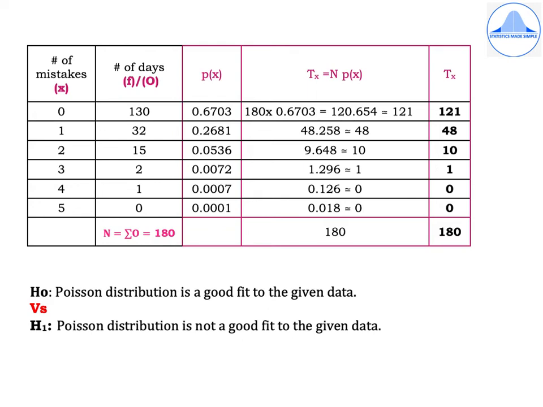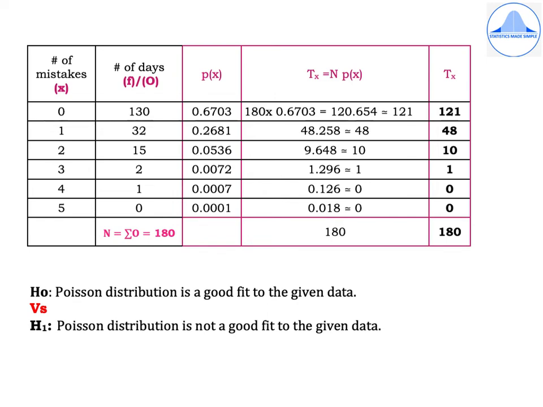Then in the third column, which is highlighted in pink color, you write down the values of P of x which we obtained, which is 0.6703, 0.2681, 0.0536, 0.0072, 0.0007 and 0.0001.